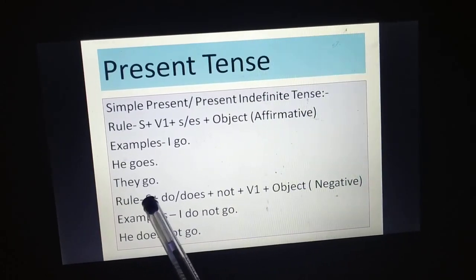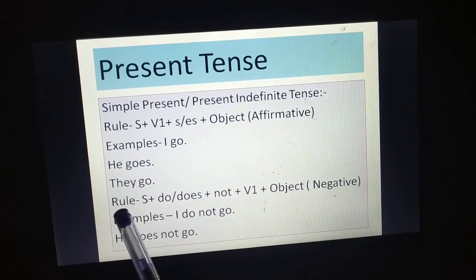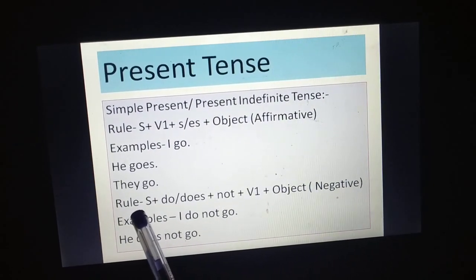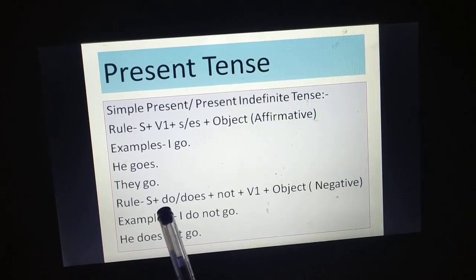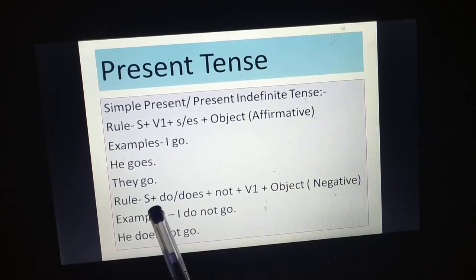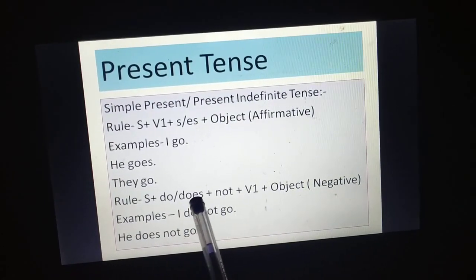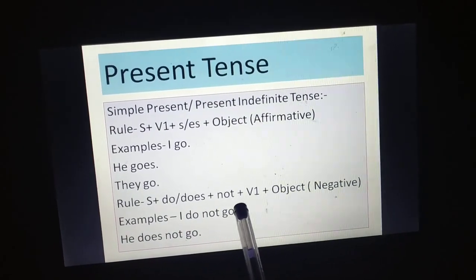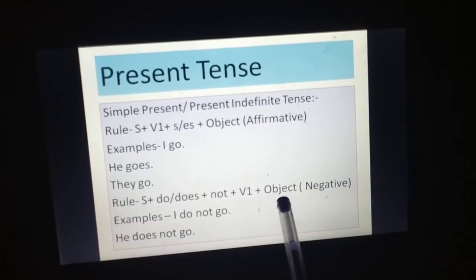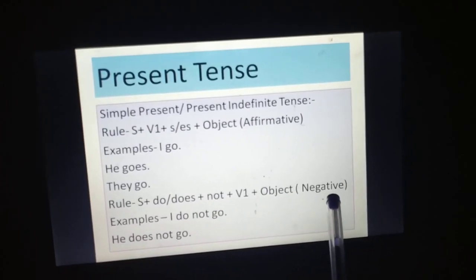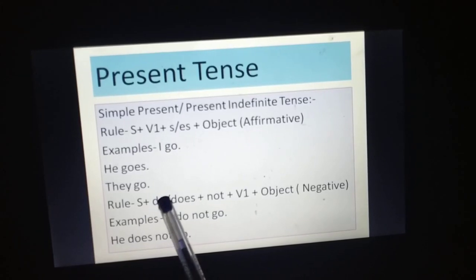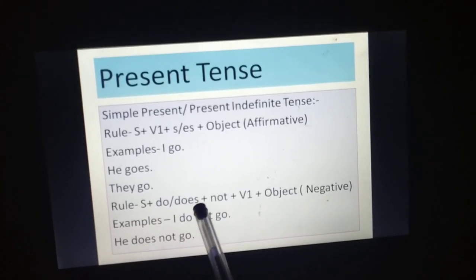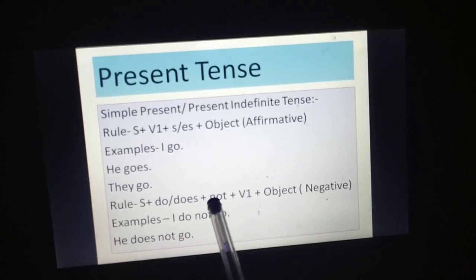Third, they go. Now what will be the rule to change this into negative? Subject plus do or does plus not plus verb 1 plus object. It is for negative sentence. Do we use with plural subjects, does we use with singular subjects.